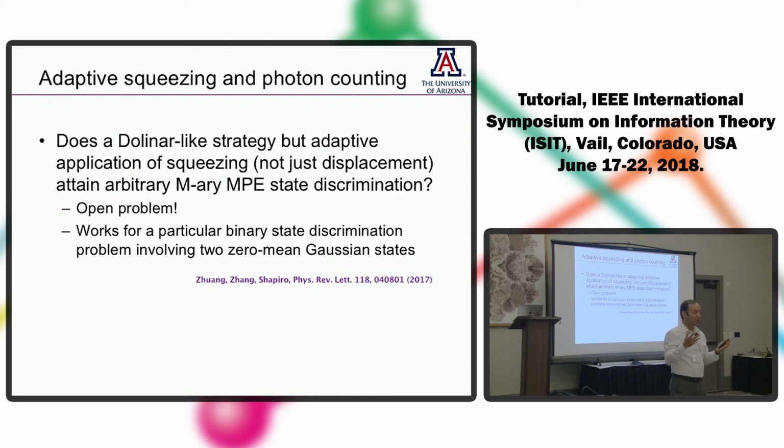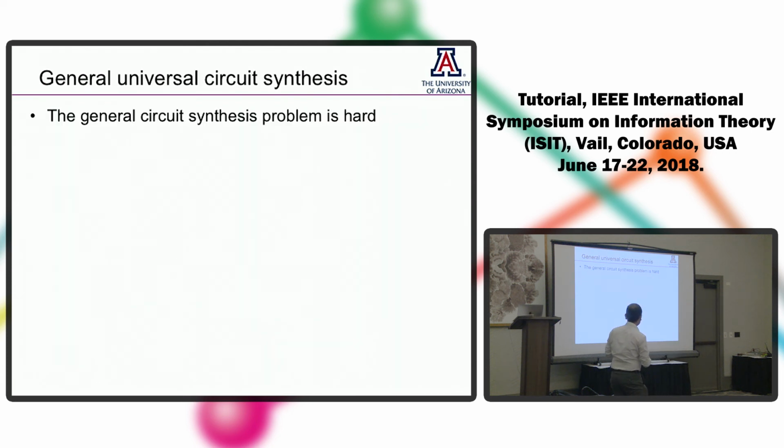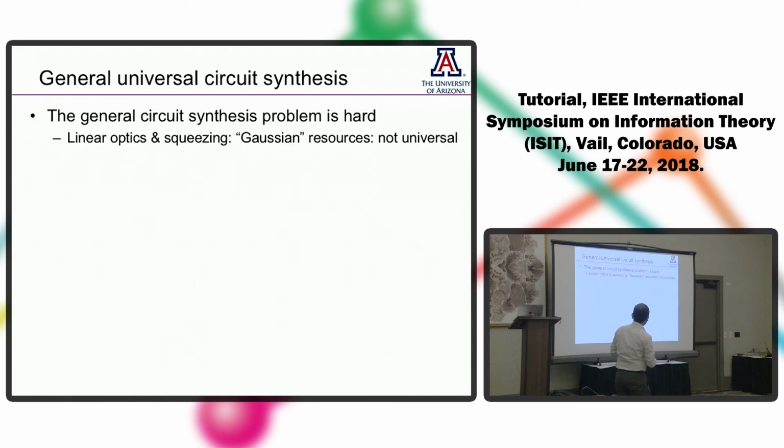But the nice thing is that these three things make a universal toolkit, meaning in principle, you can design arbitrary unitaries and arbitrary measurements with these. So the general circuit synthesis problem is very hard. Linear optics and squeezing, which are called Gaussian resources, are not universal, but understanding how to decompose an arbitrary circuit involving these Gaussian resources is known.